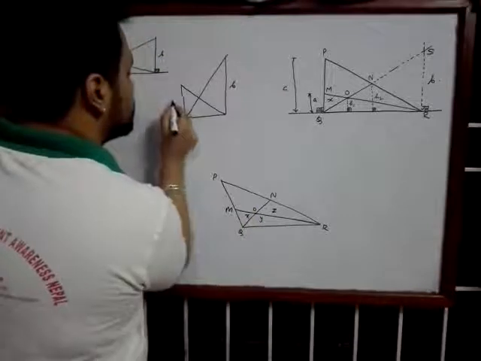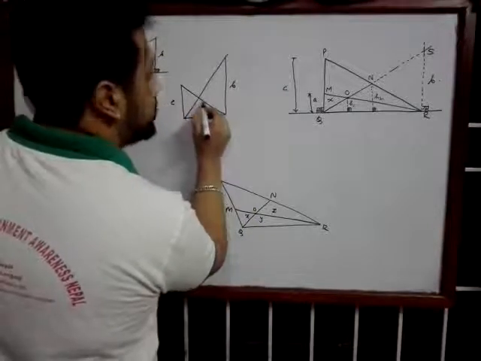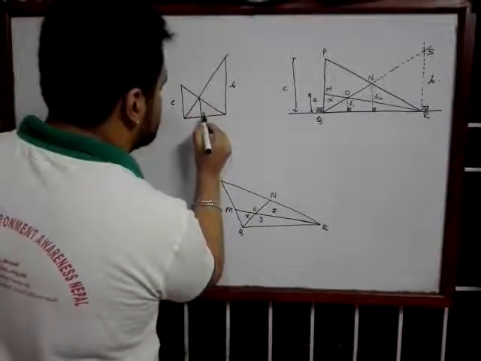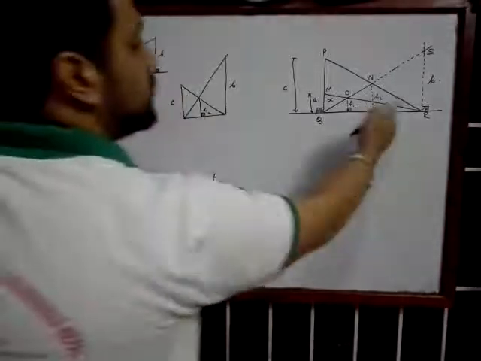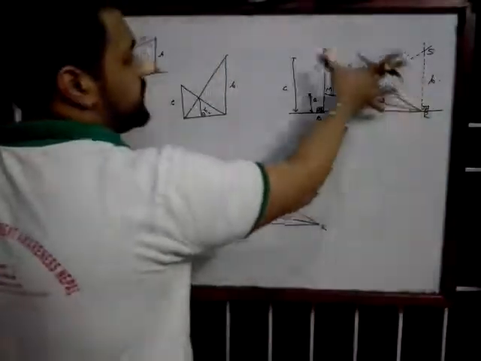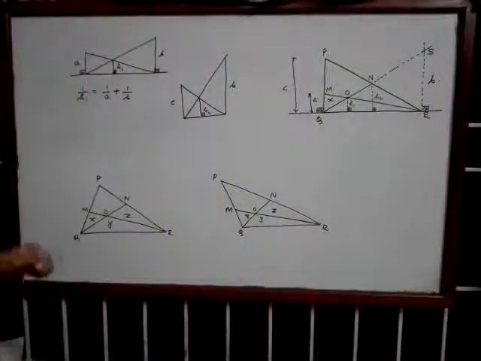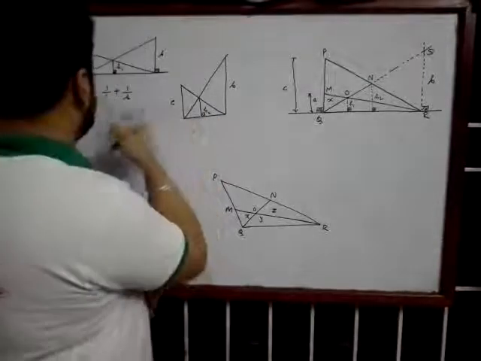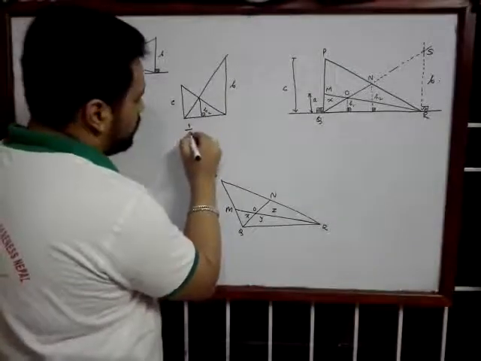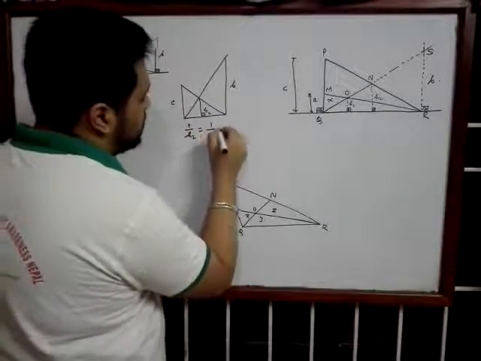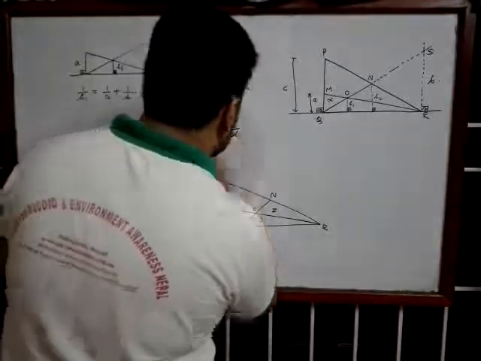This is B, this is C, and this is H2. So using the same relation, 1 by H2 is equal to 1 over C plus 1 by B.